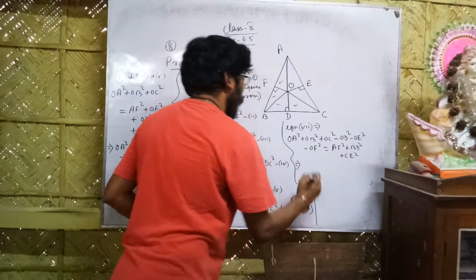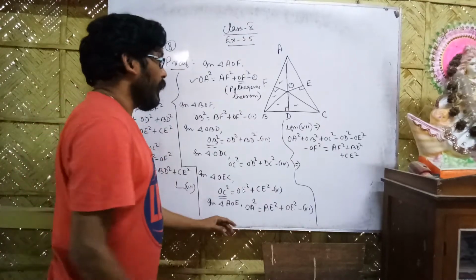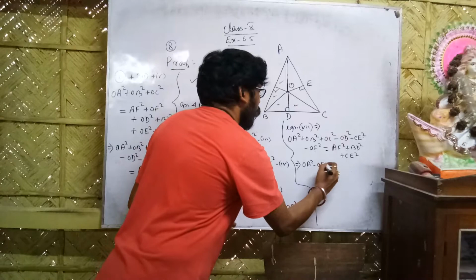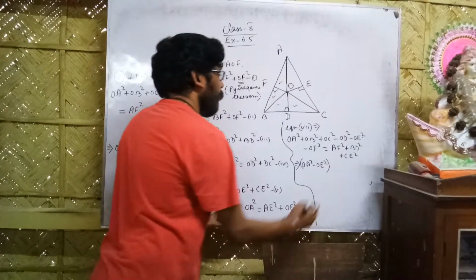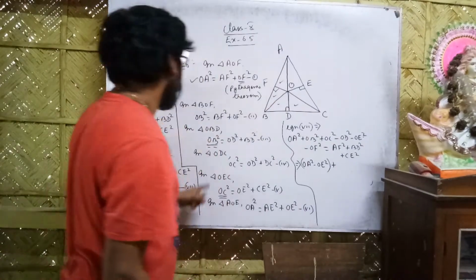This implies, what do I have to bring? AE. So OA square minus OE square, you combine it, make a group, plus next what I have to bring? CD.